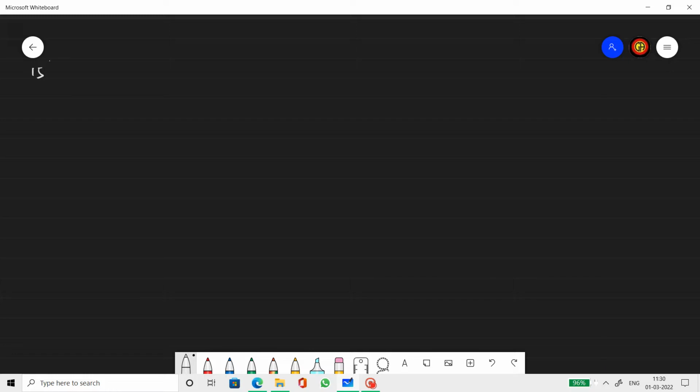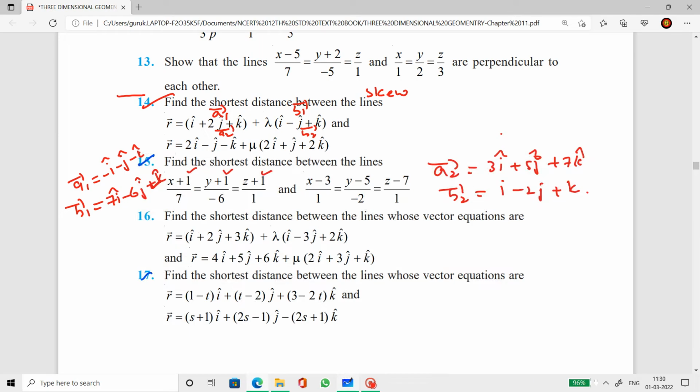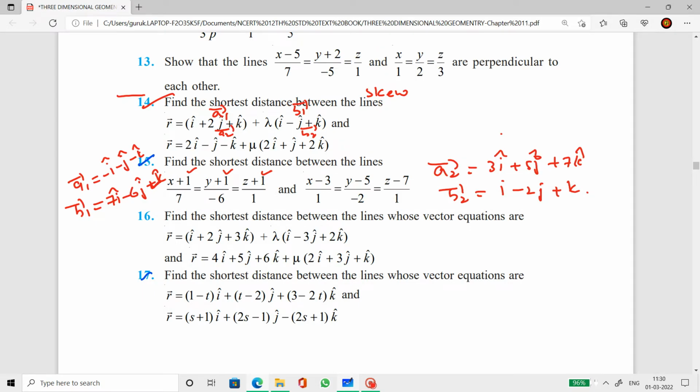The question is (x plus 1)/7, (y plus 1)/minus 6, (z plus 1)/1, and (x minus 3)/1, (y minus 5)/minus 2, (z minus 7)/1. Let me check once again. Yes.